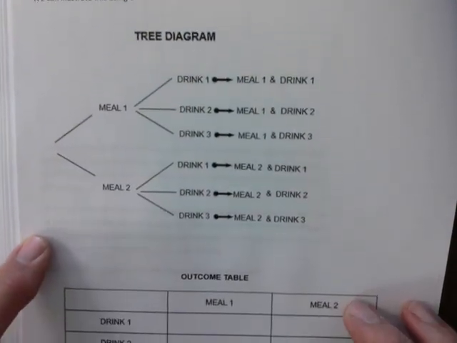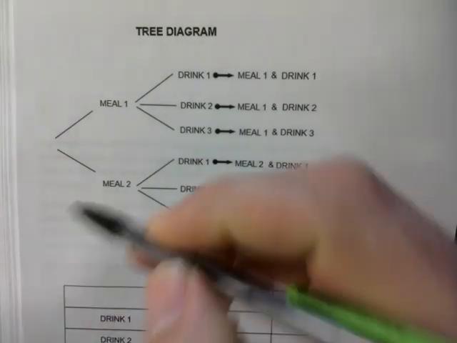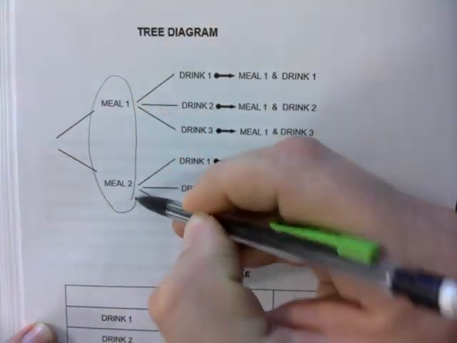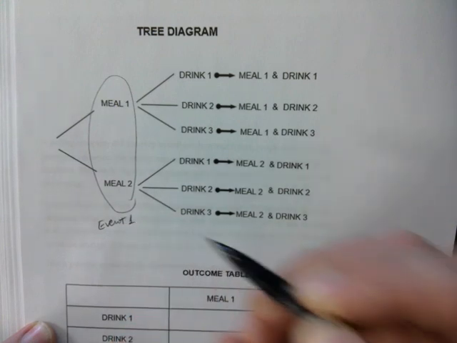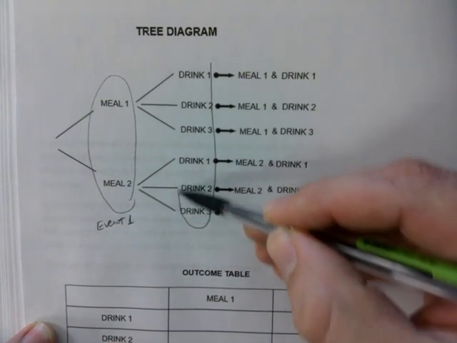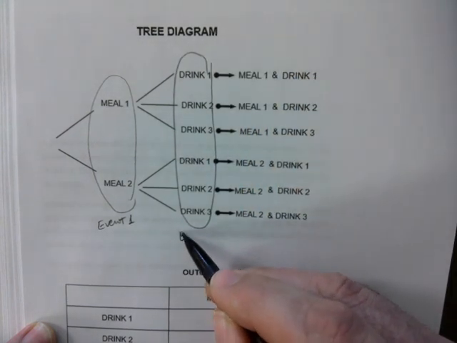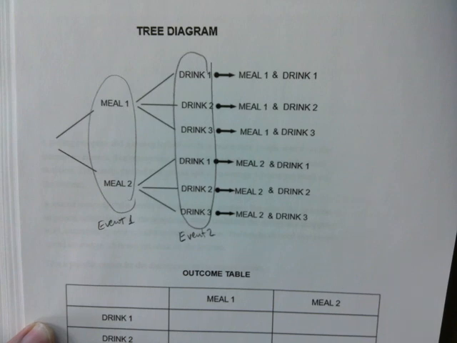Here's your tree diagram, okay? So the first choice, this is your first event right here. This is event number 1. And this would be considered event number 2, where you have to choose a drink.